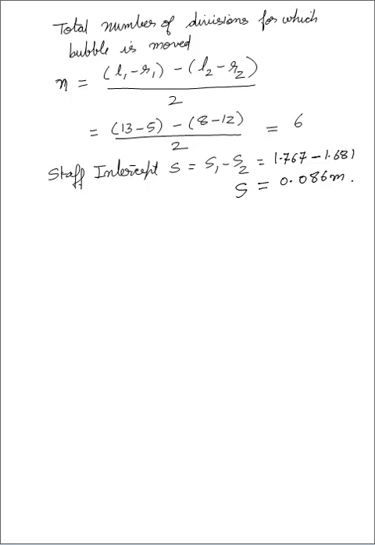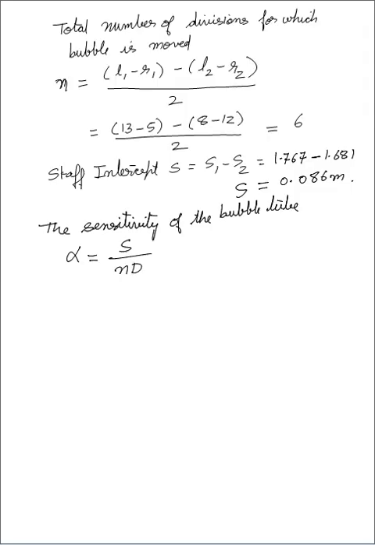Now we have to find out the sensitivity of the bubble tube. The formula is alpha equals S upon N D into 206265. This you have to memorize. It is in seconds. S is the staff intercept, that is 0.086.